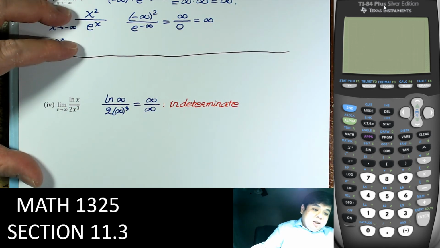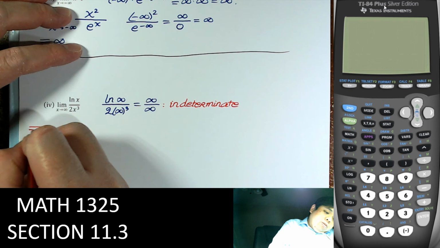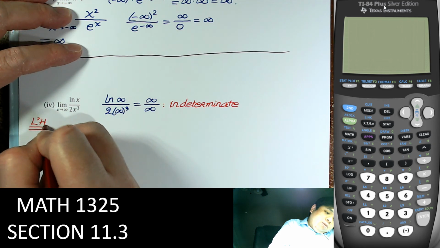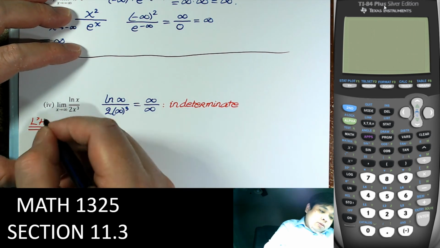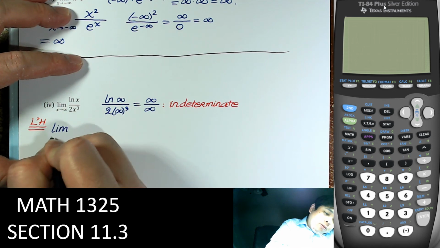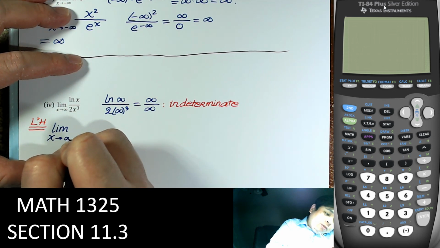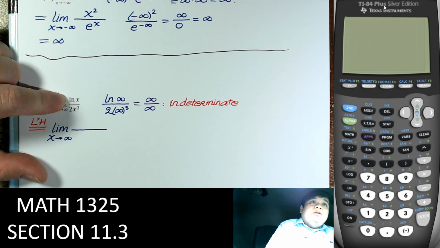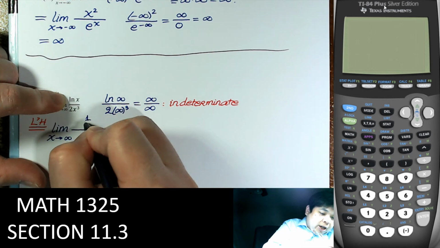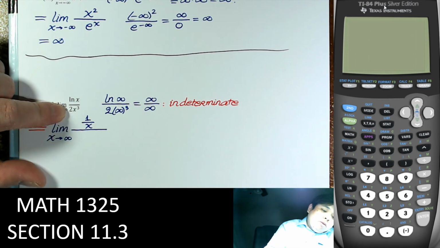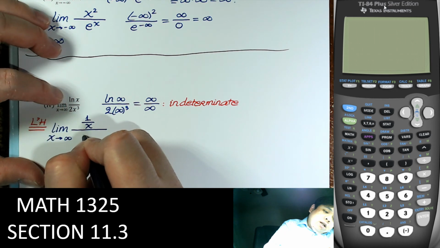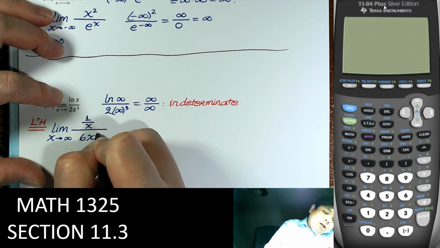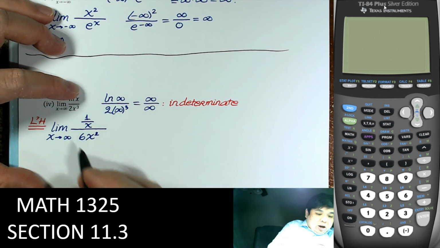So that means we use the L'Hopital rule. Take the derivative of ln of x, which is 1 over x. Derivative of 2x cubed is 6x squared. And we can write that over 1.